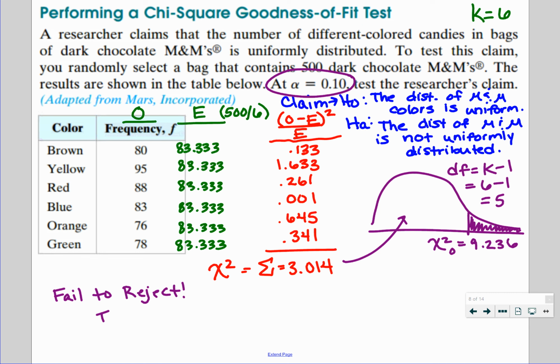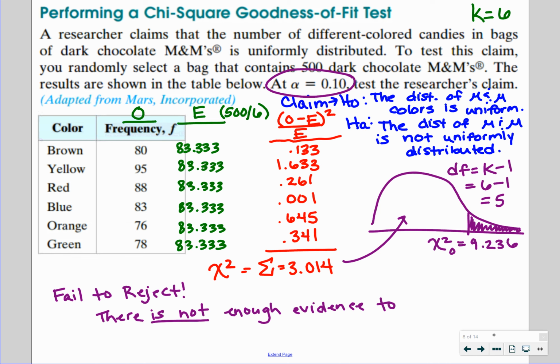We say there is not, in this case, enough evidence to, and then my claim was the null, so reject the claim of uniform distribution of colors.